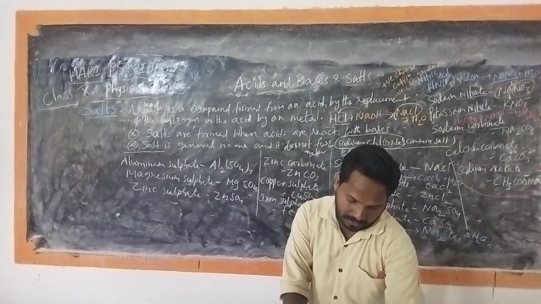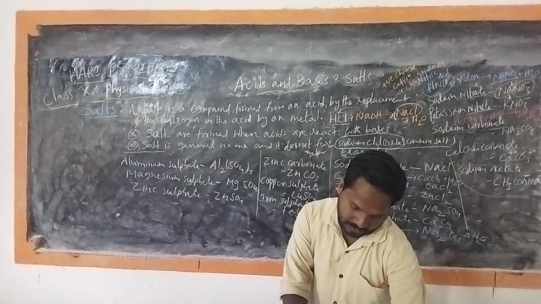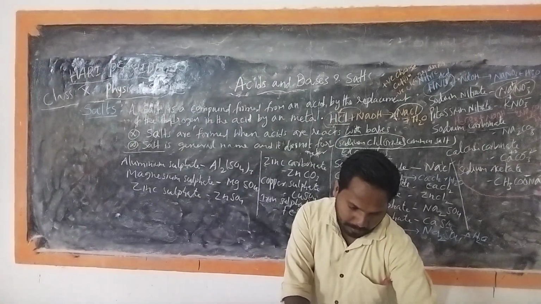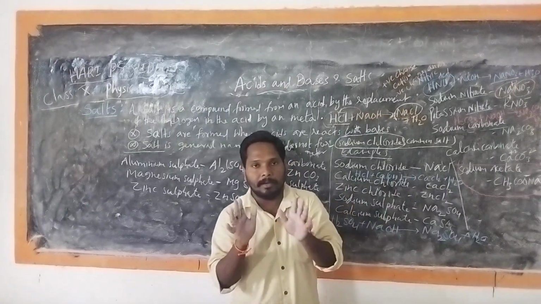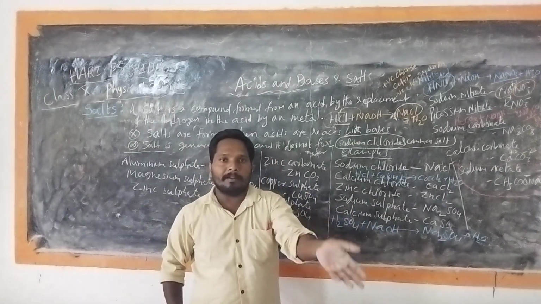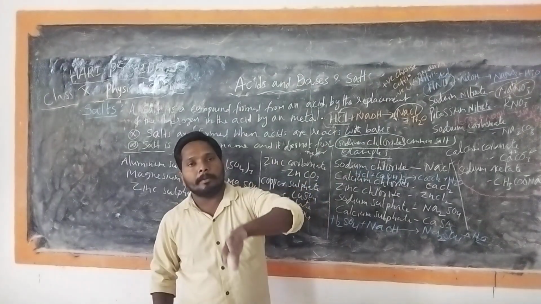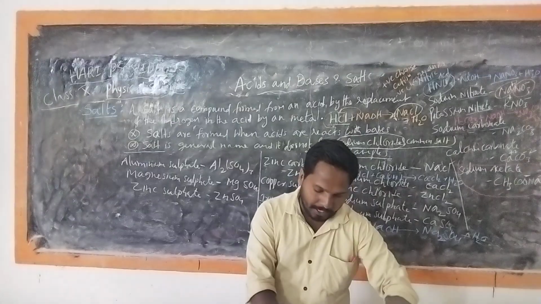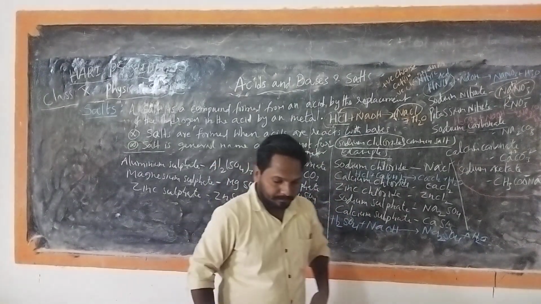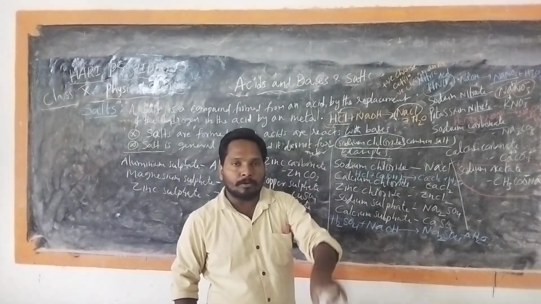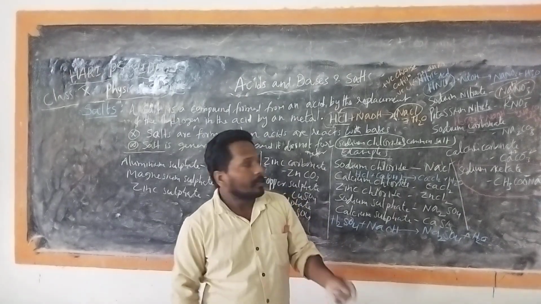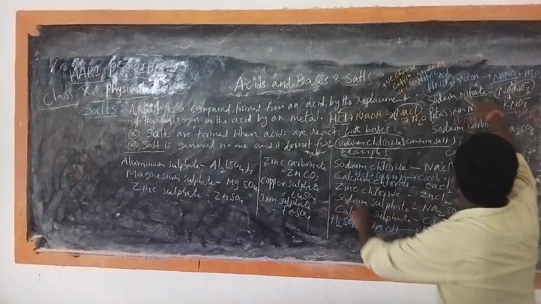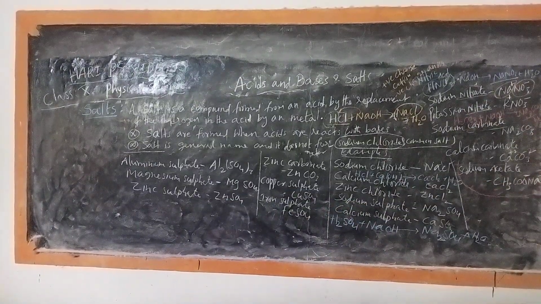Salts having the same positive ion or the same negative ion are said to belong to a family. For example, sodium chloride, sodium sulfate, sodium nitrate, sodium carbonate, sodium acetate.